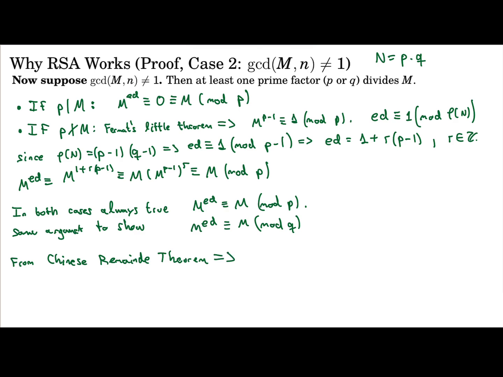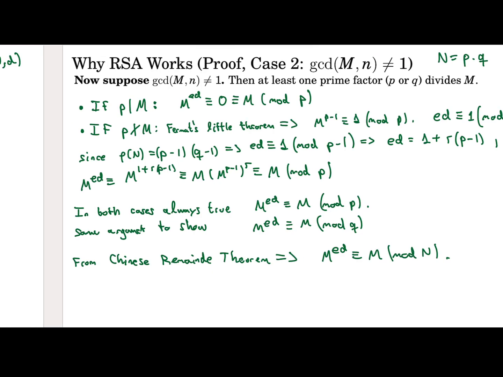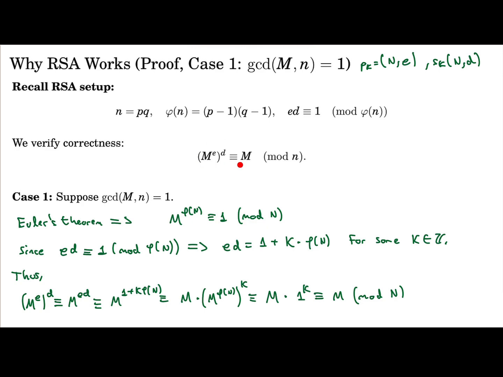That means that this is true mod P, this is true mod Q, and P and Q are coprime, so this will be true mod P times Q, which is N. So this will imply M to the ED is congruent to M mod N. And so this will be true always. And this is what we wanted to show.